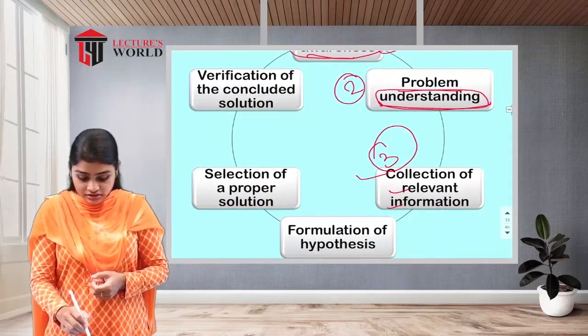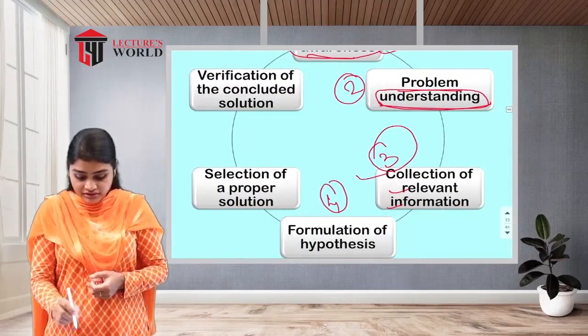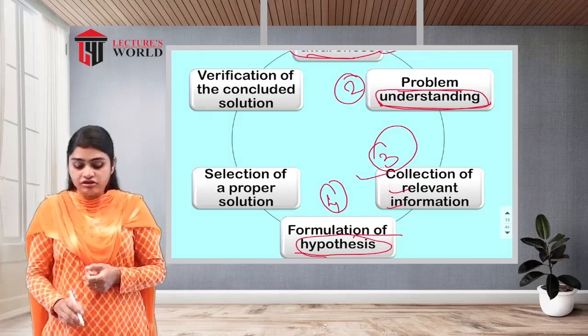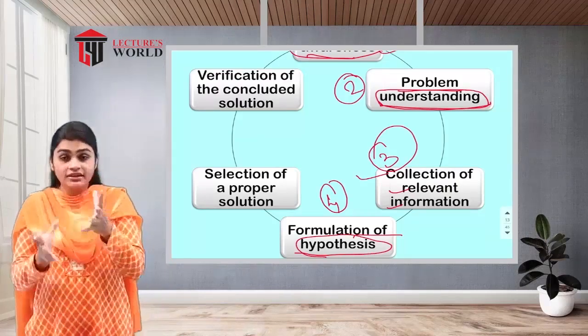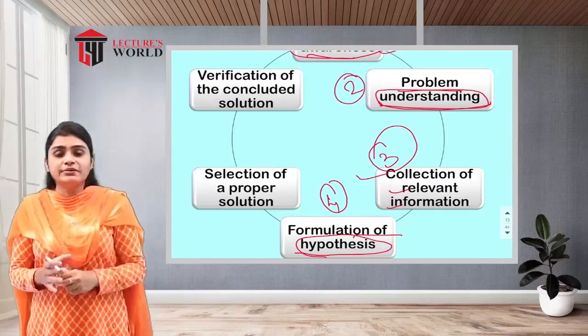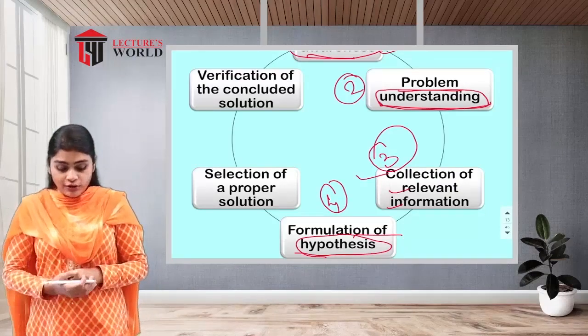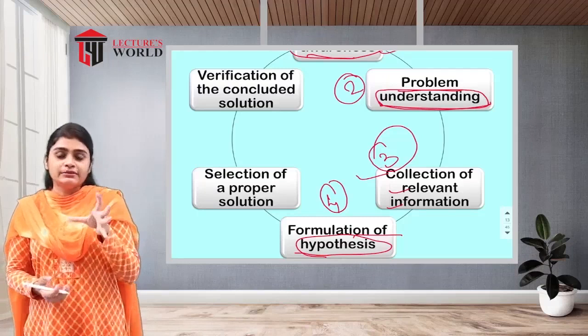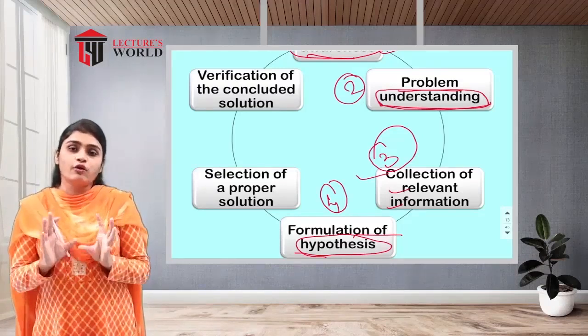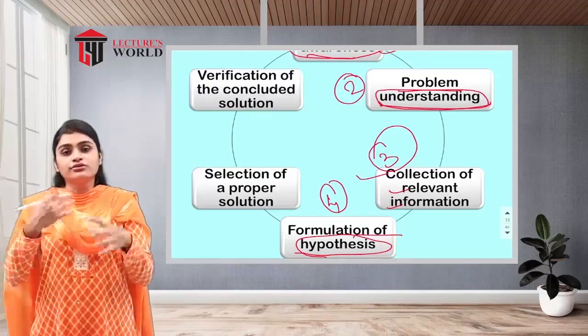After that, the fourth or next step is formulation of hypothesis. Formulation of hypothesis, or we can say the hunch of possible strategies, what we are going to implement to solve our problem. That means the probable solutions we are going to use to solve our problem.